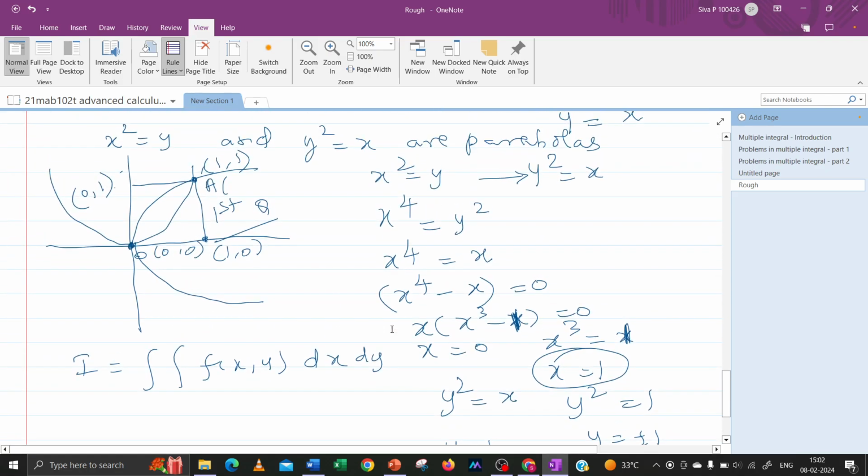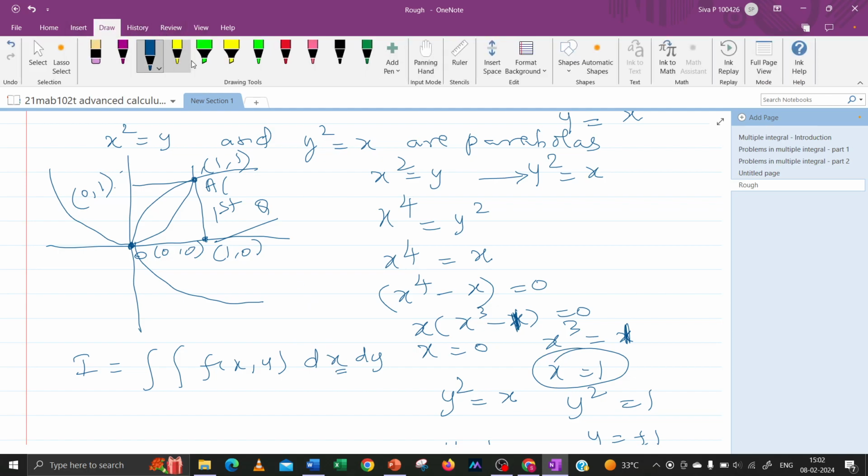Okay, you have to identify the region. How to identify the region? What is the inner integration axis here? x. So draw the parallel line to x. If you draw the parallel line to x, what is the region here?